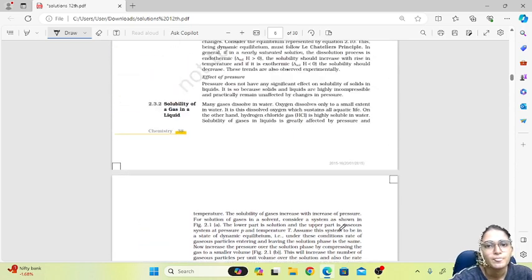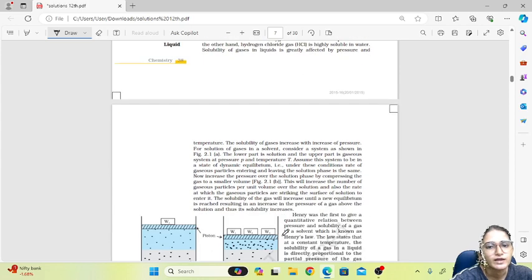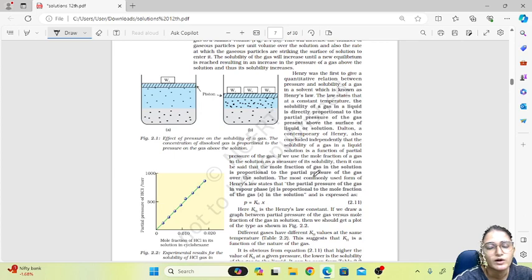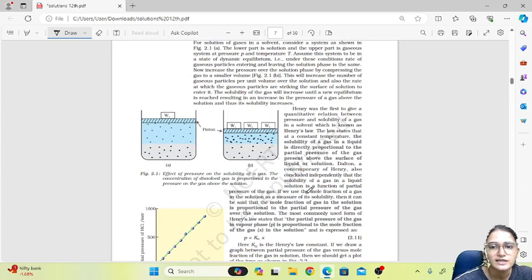Now, when we talk about the solubility of gases, we come across one law called Henry's law. Henry's law states that the solubility of a gas in a liquid is directly proportional to the partial pressure of the gas present above the surface of the liquid or solution.